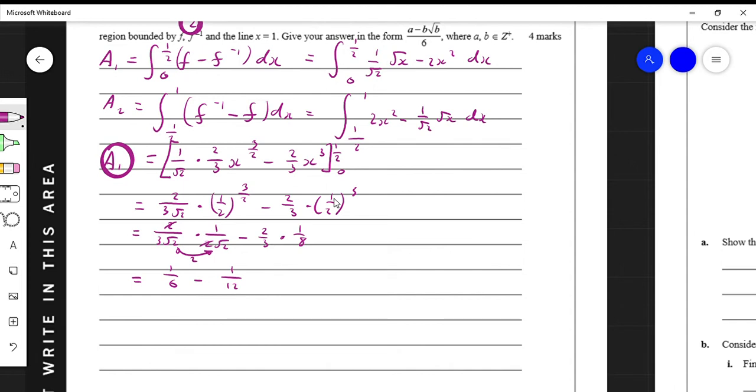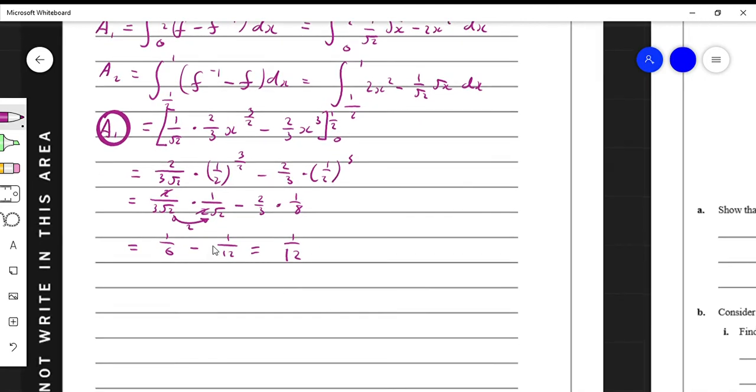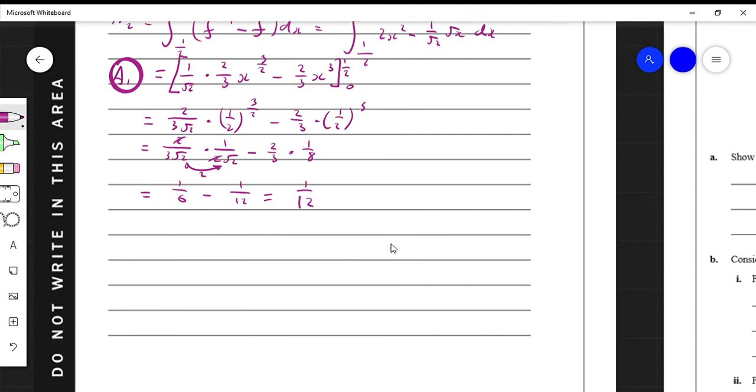I'm multiplying these. So 1 on 6 minus 1 on 12 is 1 on 12, which you can work out any way you want, but I'm just seeing it as a 12th is half as big as a 6th. So it's like a 1 minus a half is still a half.